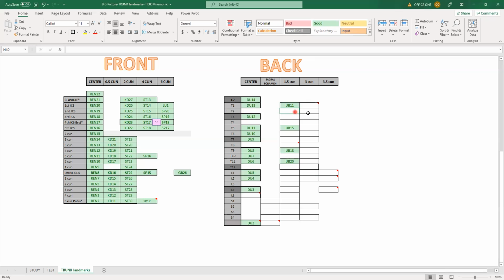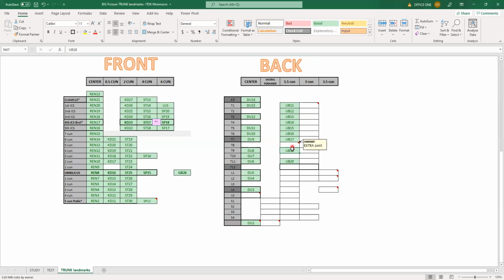So UB11 at T1, T2 is UB12, T3 UB13, T4 UB14, UB15, T6 UB16, T7 UB17, and this is the last. We have to skip this one. So these are the first 7. You just count the same level of the spine, so it's very easy to remember. Here is an extra point that we'll learn later.